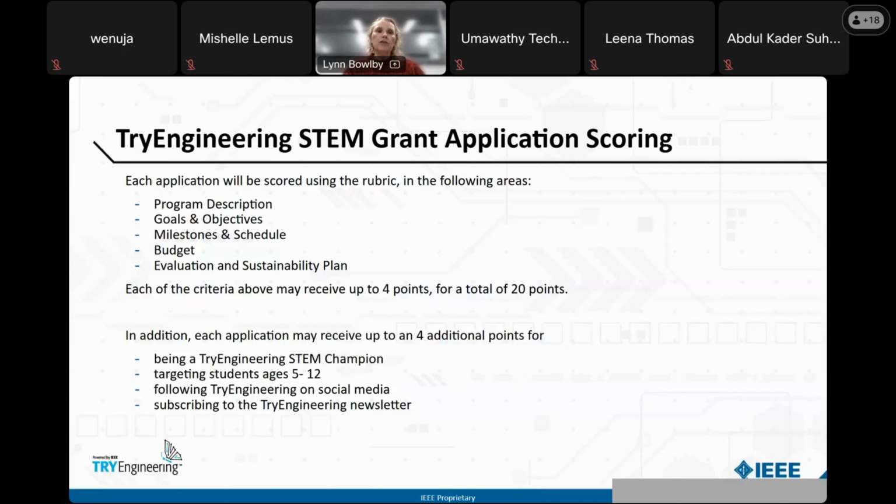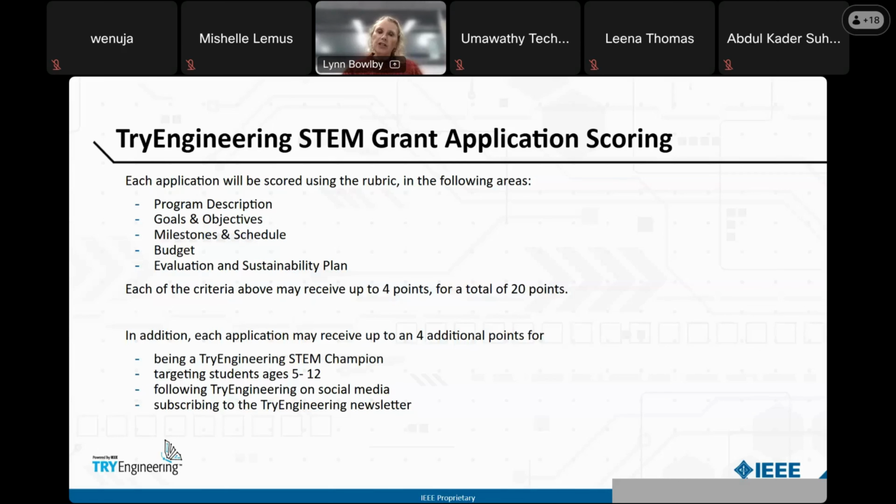As I mentioned previously, it'll be scored using the rubric in these areas: the program description, goals and objectives, milestones and schedule, budget, and evaluation and sustainability plan. For each of those criteria, you may receive up to 4 points. A 1 would be the least number of points and 4 would be the most. The total that you could possibly receive for those 5 items would be 20 points.